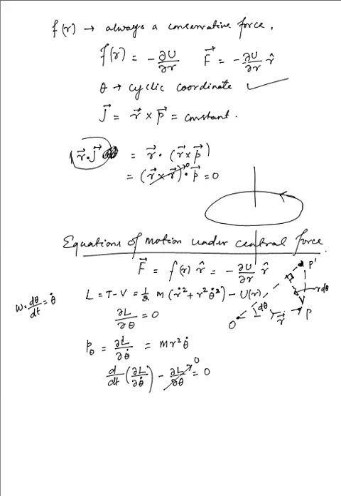So what we have is d by dt of m r squared theta dot, and that is equal to 0, which gives us that m r squared theta dot, which is obviously equal to J, is a constant that we have mentioned above. So J is constant. Now one of the first integrals of motion is what we have just obtained.